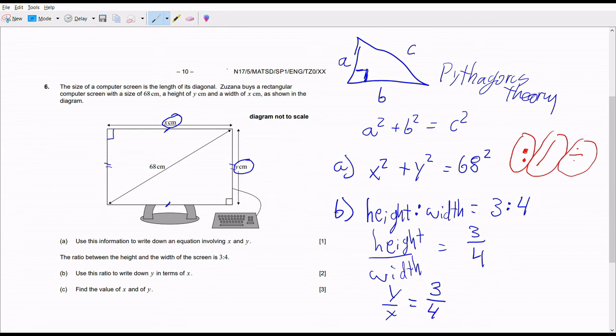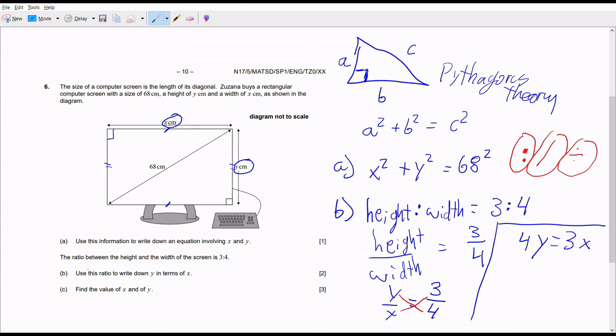Okay, the next step when you have something like this is that you can cross multiply. In other words, you multiply y times 4 and x times 3. You can always do this when you have two fractions like this, and you end up with 4y being equal to 3x, right?